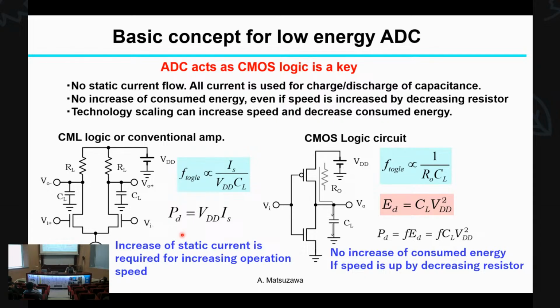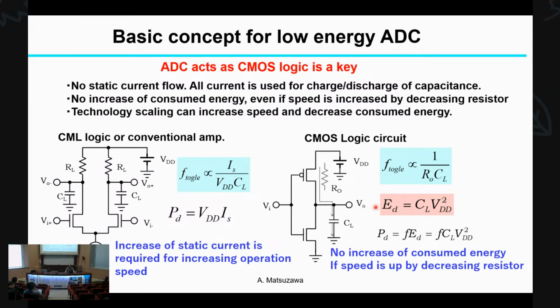This is a conventional amplifier using a constant current, like CML, current mode logic. The issue is that to increase the operating frequency, we should increase the power. So increasing the static current is required for increasing the operation speed.